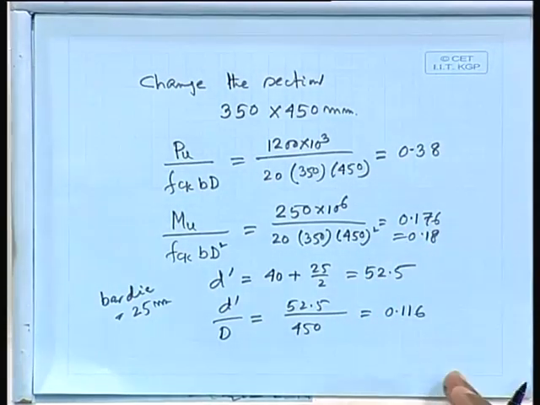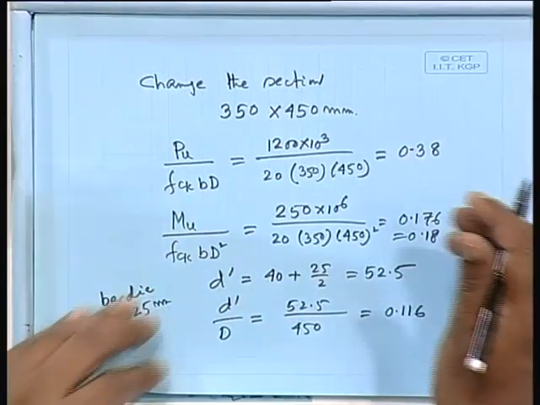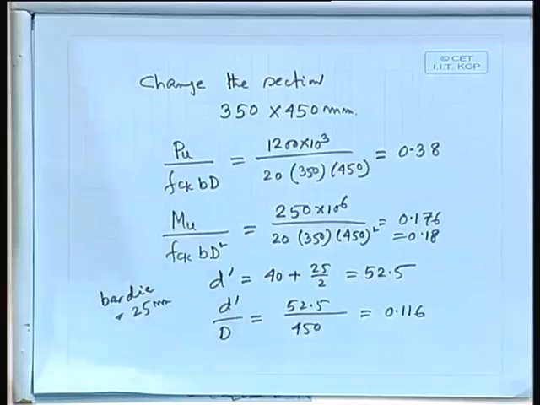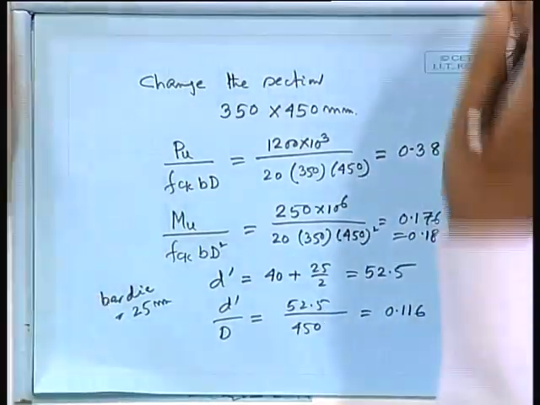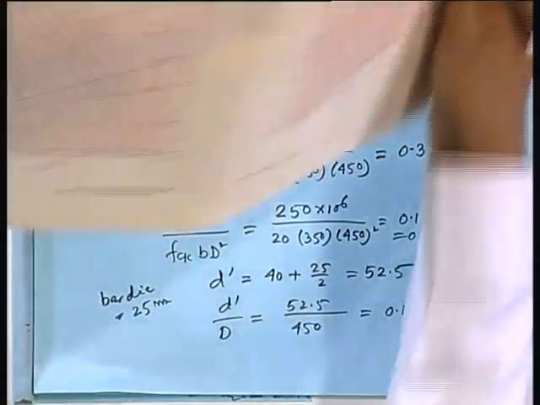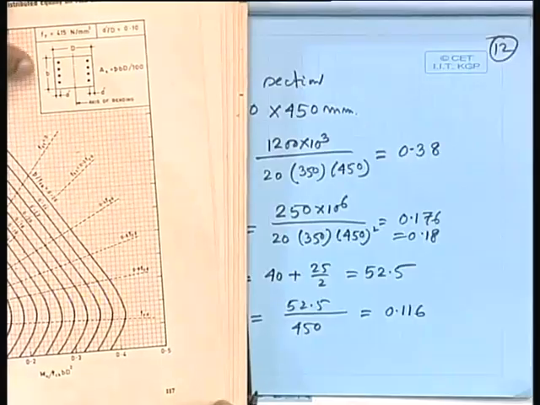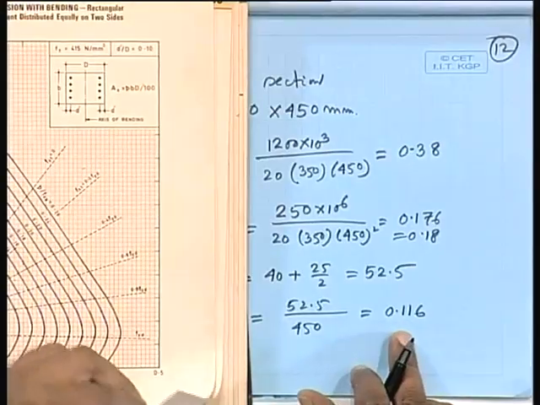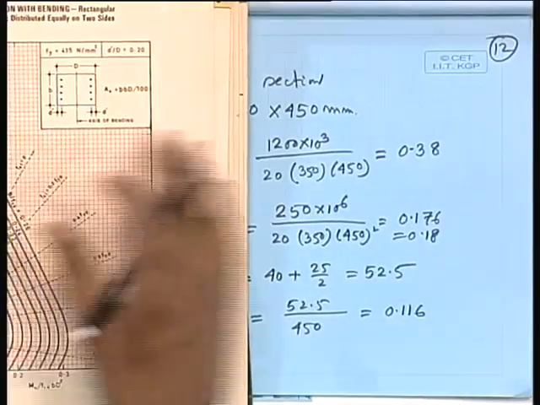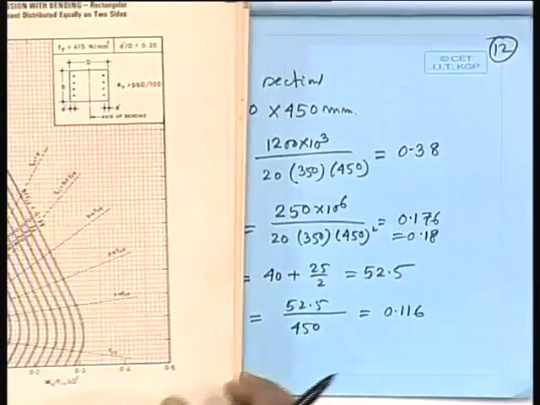So what we can do then here, the corresponding chart, we can take it here. Let me find out that one here, 11, 12, yes. So 0.116, that is d dash by D, and we can directly take it as 0.15.